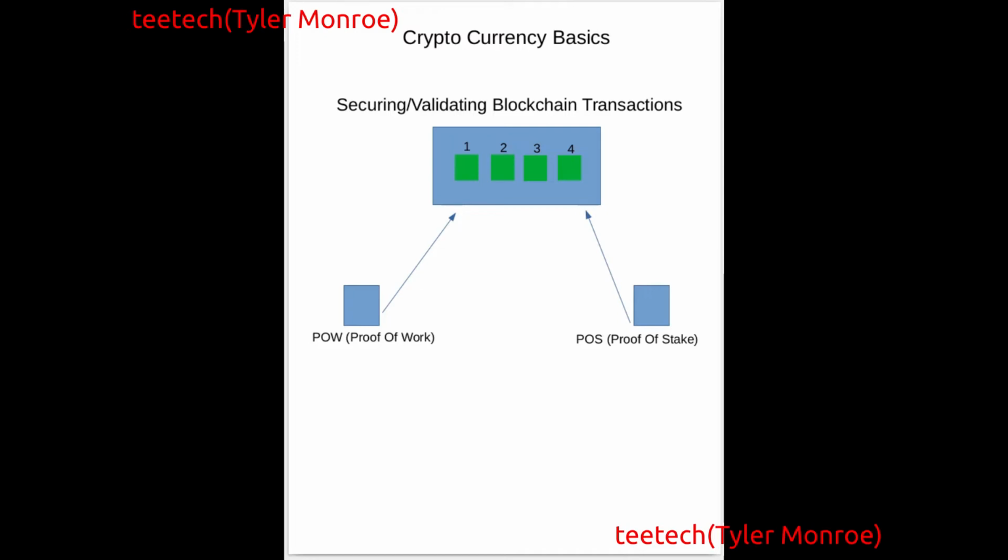Proof of stake is a little bit, I don't want to say simpler. It's just with proof of work, the main idea of what secures it is called hash rate. The faster you can run those algorithms, the more value you add to that blockchain.